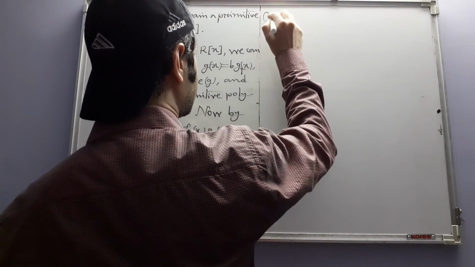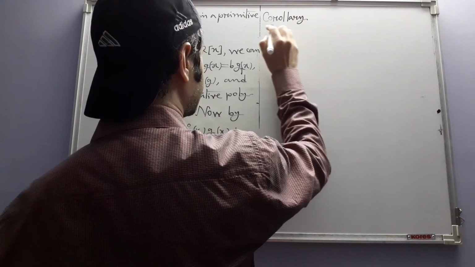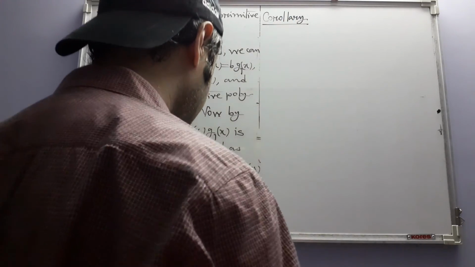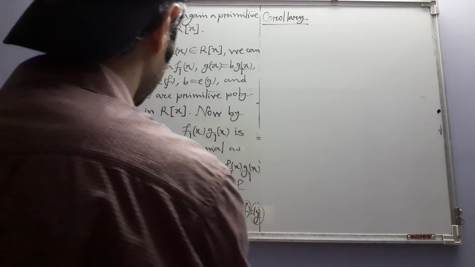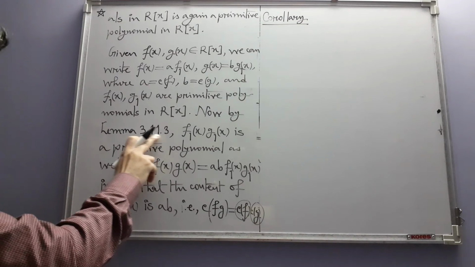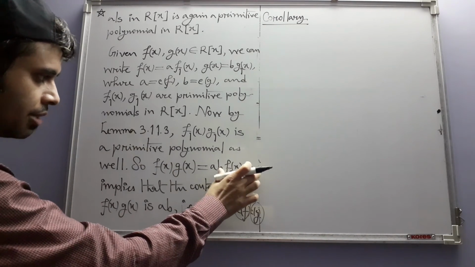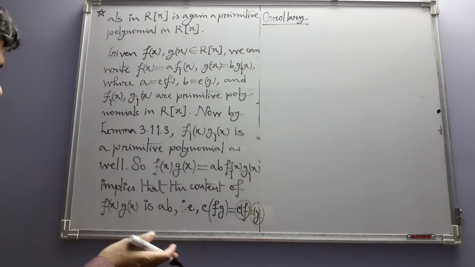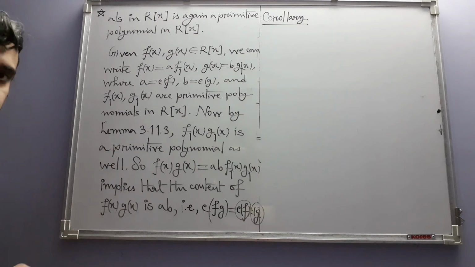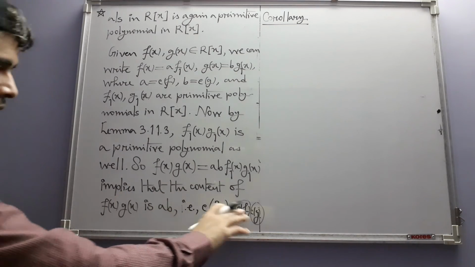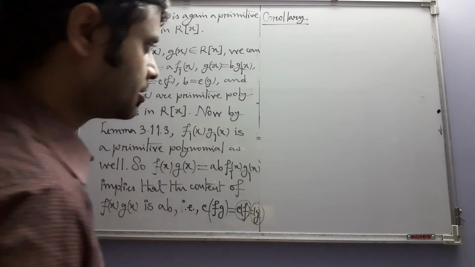So there is a corollary. We can write this more formally as a consequence of lemma 3.11.3. The fact that f1 g1 is primitive allows us to conclude that ab is also a content of fg. So that's why this entire conclusion is a corollary to lemma 3.11.3.